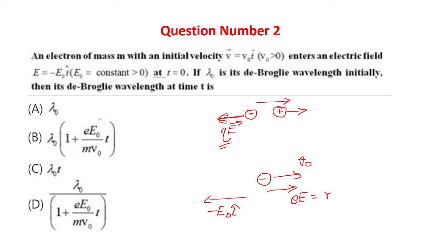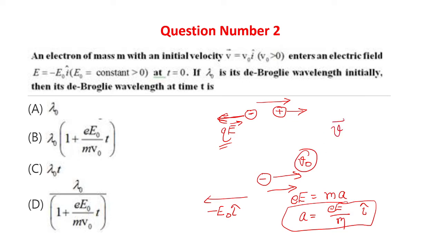So force equals mass into acceleration. That means acceleration experienced would be along positive x-axis, and in magnitude it would be e into capital E by mass of electron. But electron has got some initial velocity also, v0.